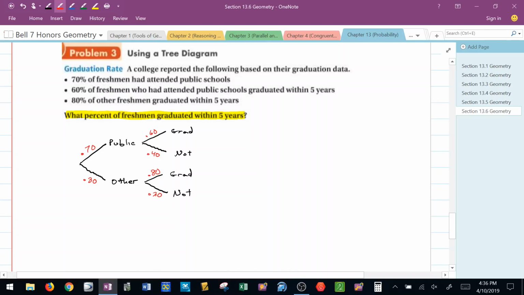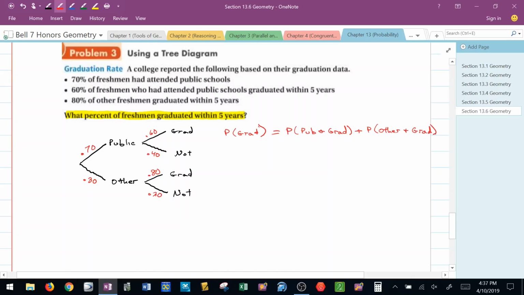All right? So to determine the probability of those that graduated, probability of graduated, what we would do is take the probability of those that came from public and graduated and add to that the probability of other and grad.